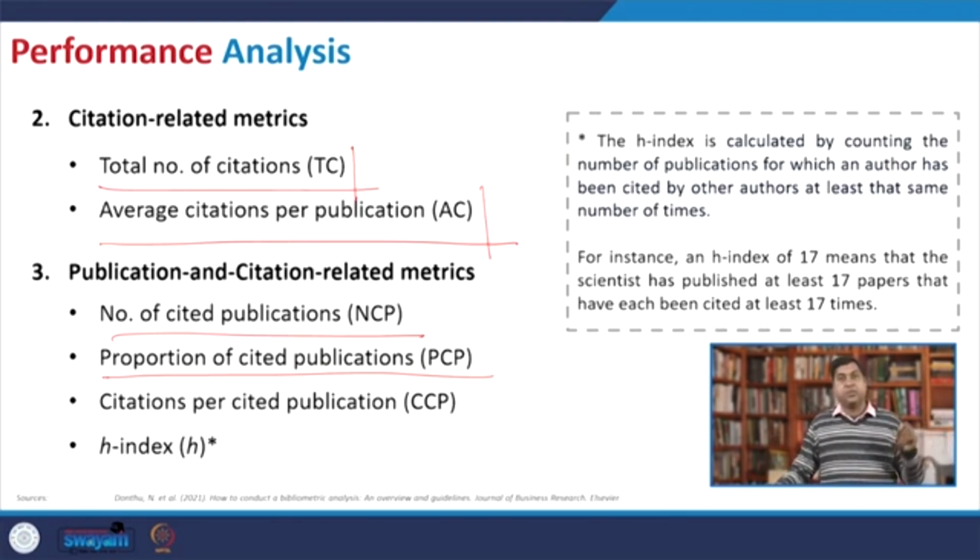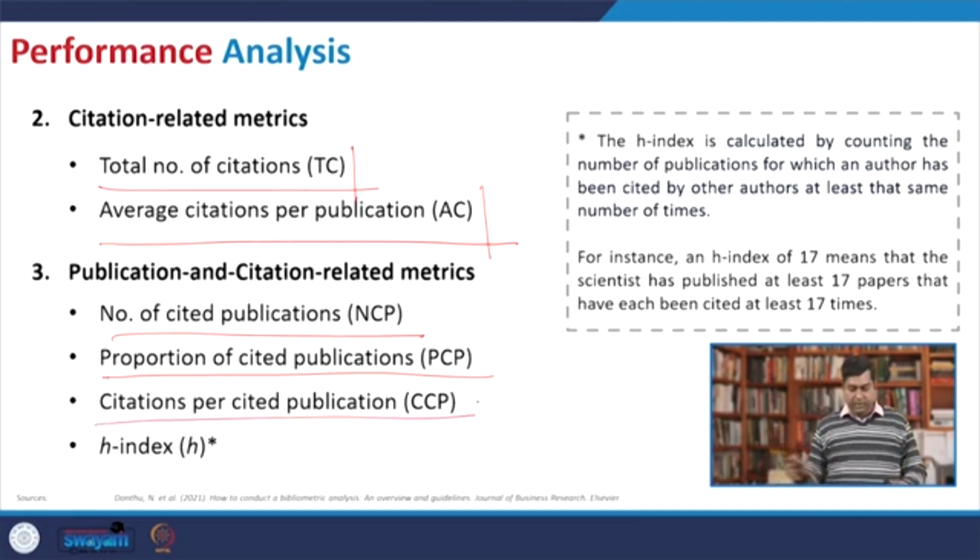So, in this case, if a total of 100 papers have been published in that journal and out of that 20 papers have citations, this gives you some idea whether this journal is good, should we consider it, or should we look for something else.